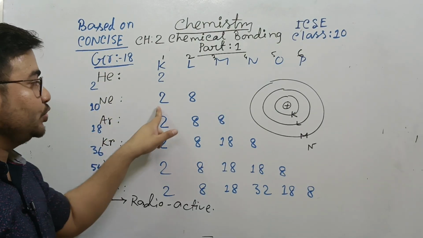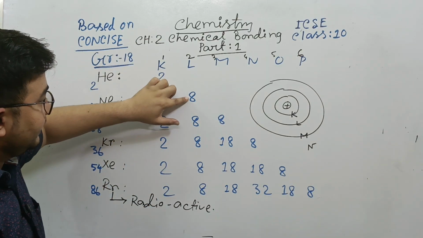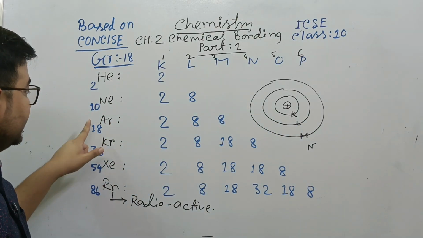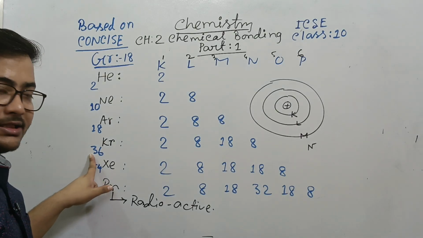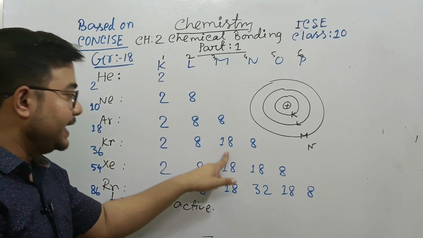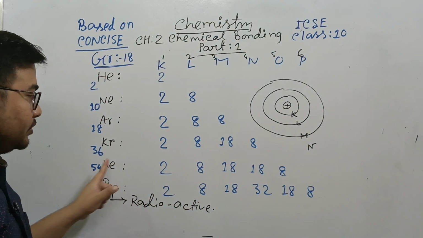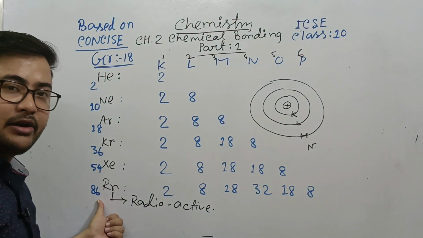Neon means 10, so 2, 8. So 2 are present in the K shell and 8 in the L shell. L shell means second shell. Now argon 18, so 2, 8, 8. Krypton 36, that means 2, 8, 18, 8. Xenon 54, so 2, 8, 18, 18 and 8, and radon, that is radioactive, 86.